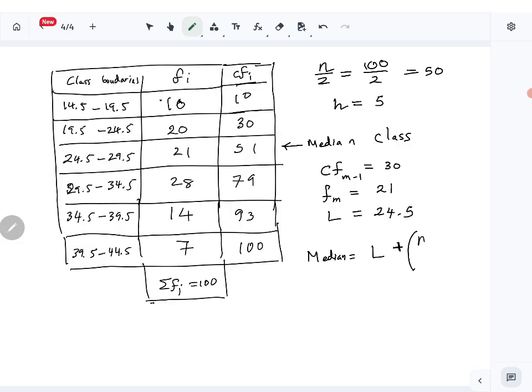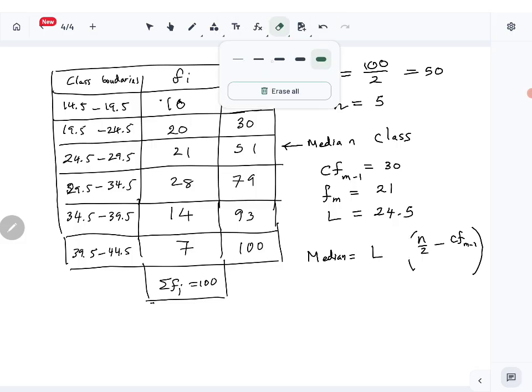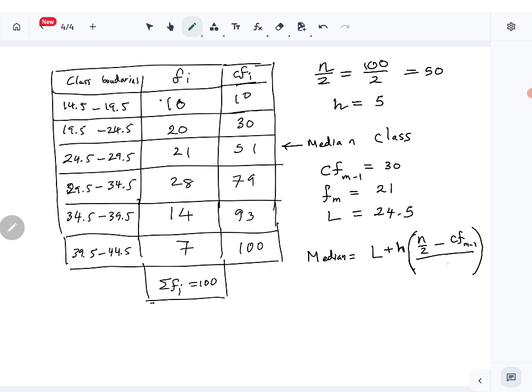So the formula is n over 2 minus the cumulative frequency preceding the median class, and we have to multiply by h, then divide by the frequency of the median class.